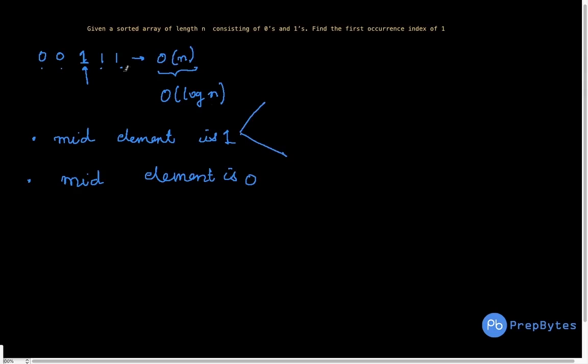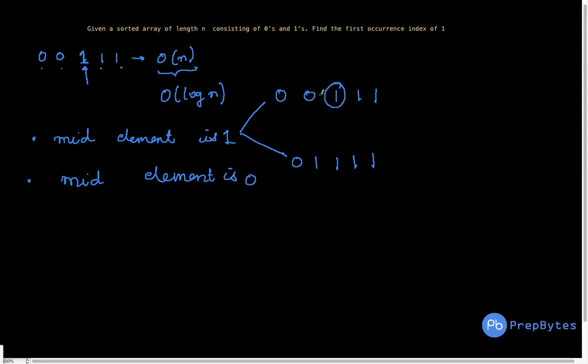As you can see, the mid will keep on changing in the program as we keep on applying binary search. I'm just taking a generalized case. Let's say we have 0, 0, 1, 1, 1. Another option is 0, 1, 1, 1, 1. In this case, this mid is actually the index that I am supposed to return.